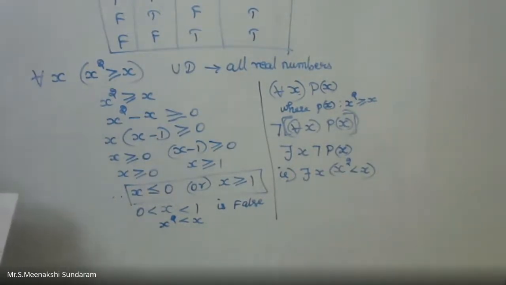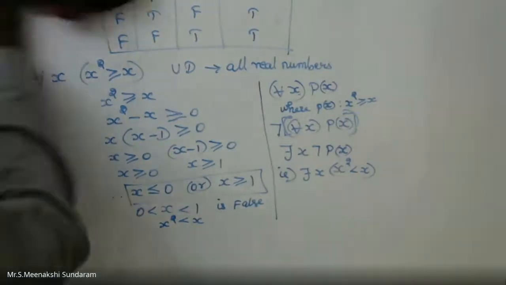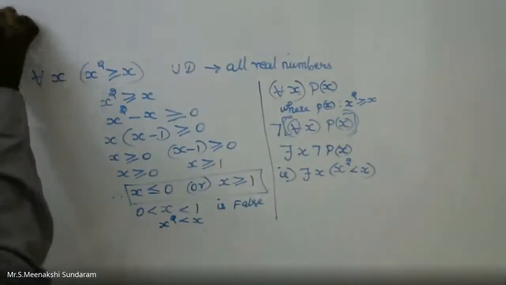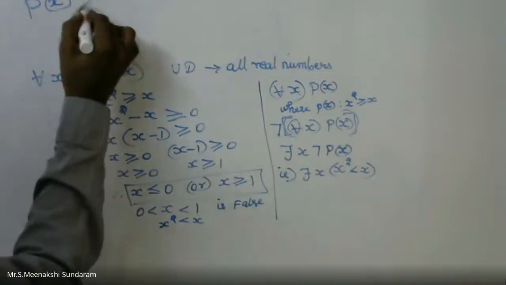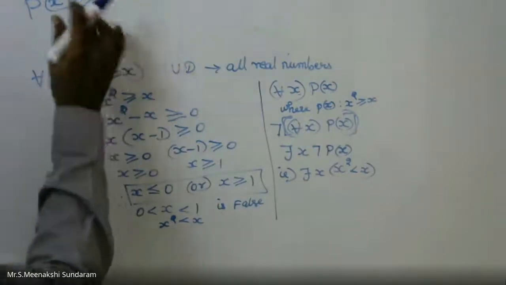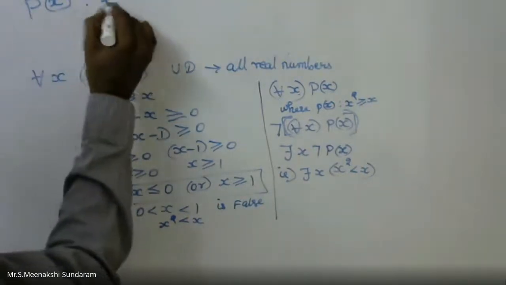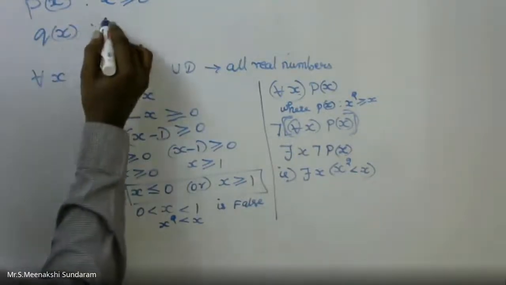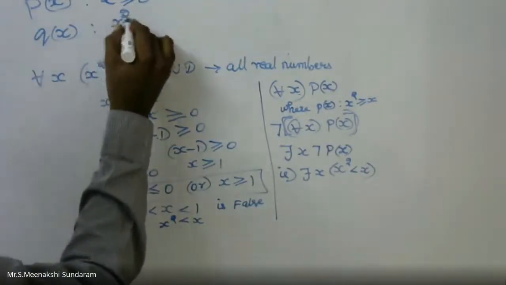Actually, in the 16th question, p of x means x is greater than or equal to 0, and q of x means x square is greater than or equal to 0.